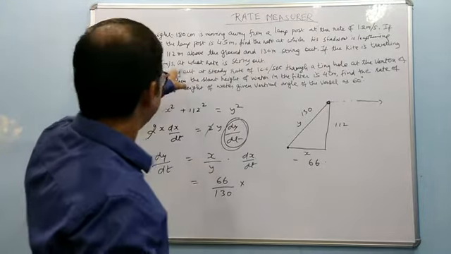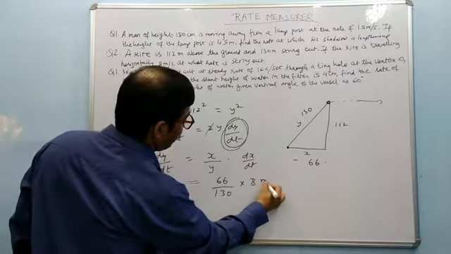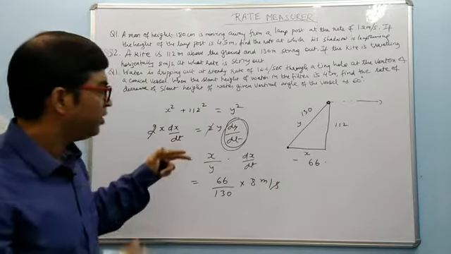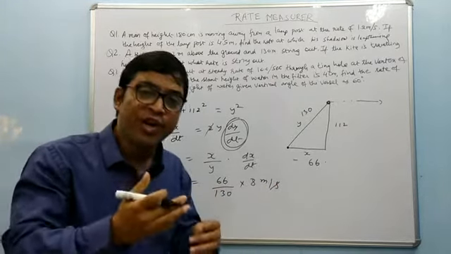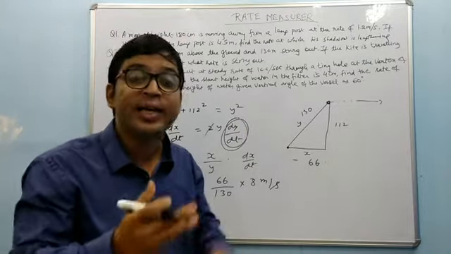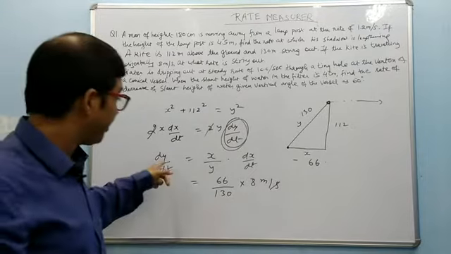The kite is traveling horizontally at 8 meter per second. You just simplify this thing, you will get how fast the string of the kite is laid out, the rate of change of the length of the string.